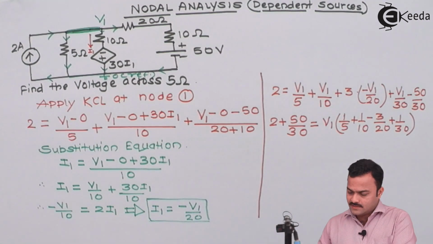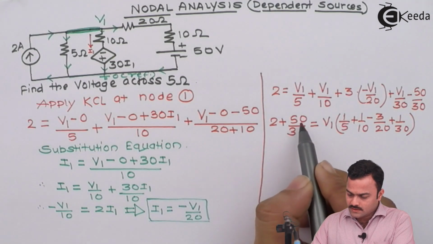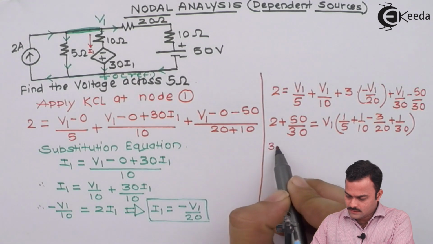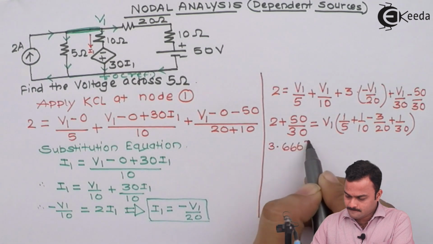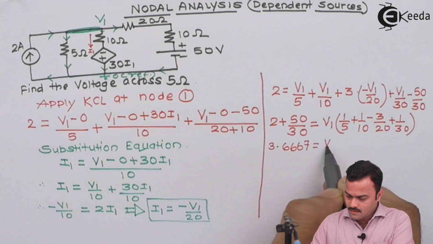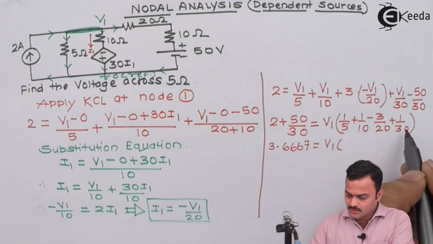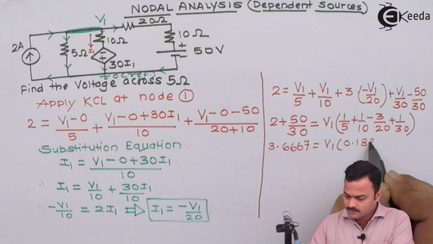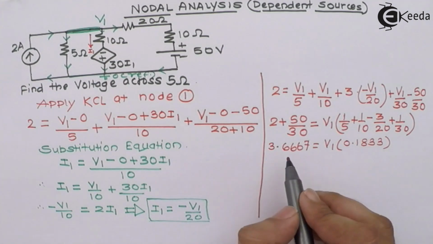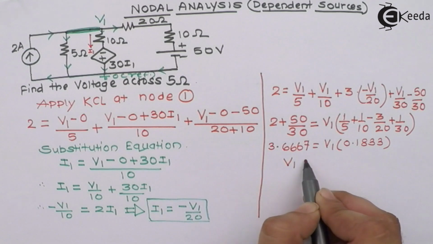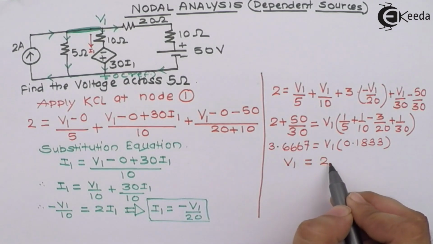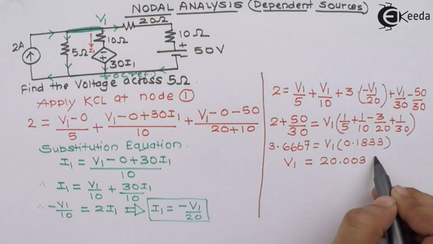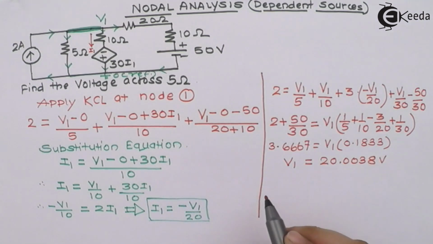After simplifying this, what we get? 2 plus 50 by 30 is 3.6667, equal to 0.1833 V1. After solving this we finally get the node voltage as 20.0038 volt.